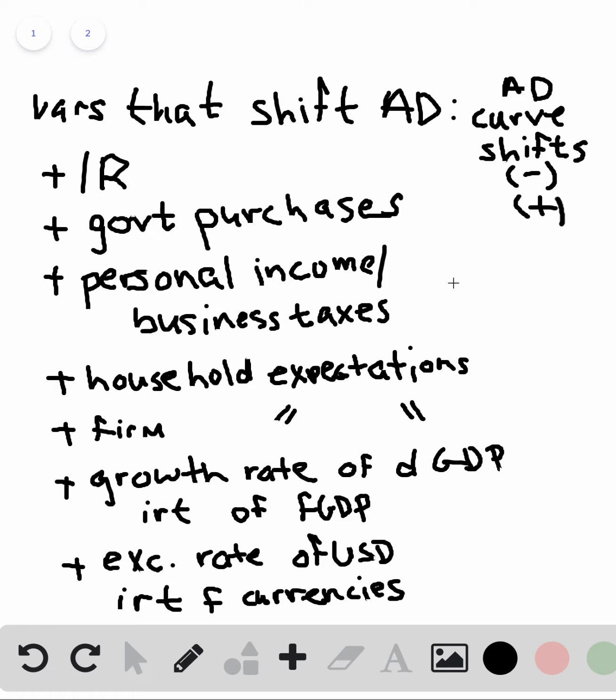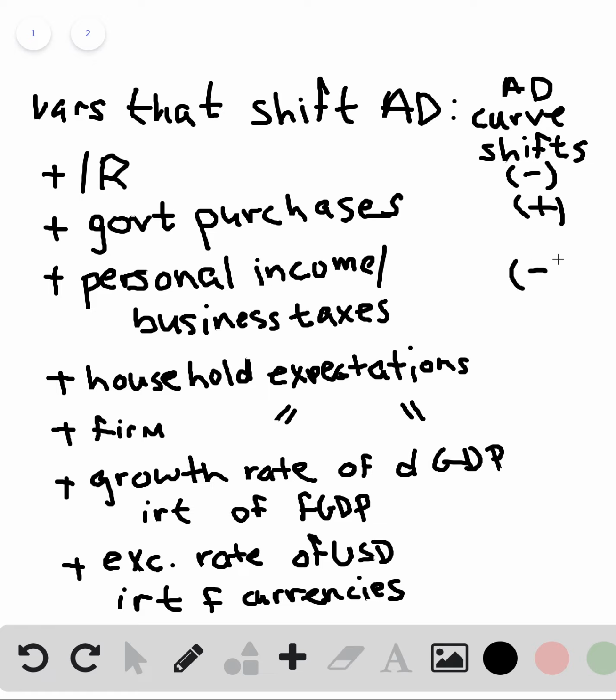If there's an increase in personal income taxes and business taxes, just to clarify, it's not an increase in personal income, it's an increase in personal income taxes. That means that consumers will have less disposable income, or businesses will have less disposable income. So consumption will decrease.